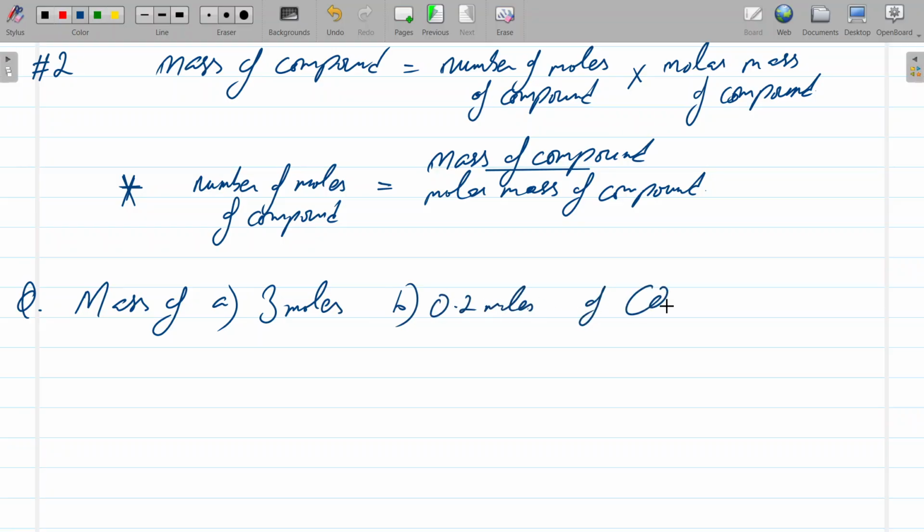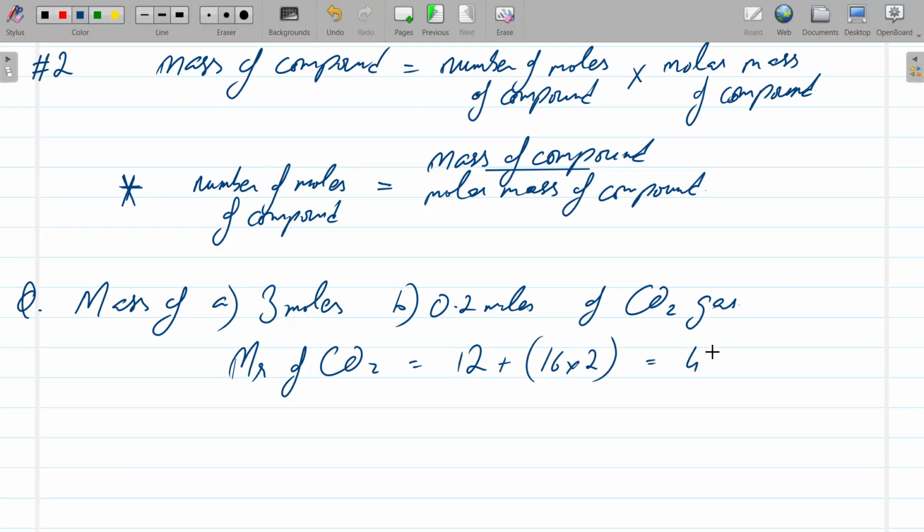of CO2 gas. And so obviously first what we do is MR of CO2, which gives us 12 plus 16 into 2, which gives us 44 grams, right? And then you solve for part A, so that's 3 into 44.